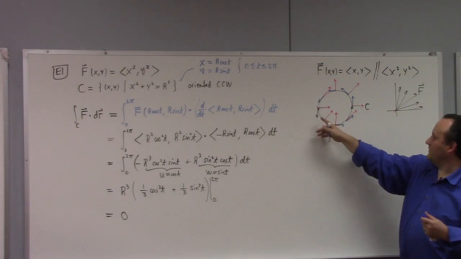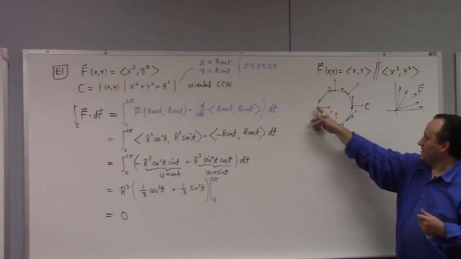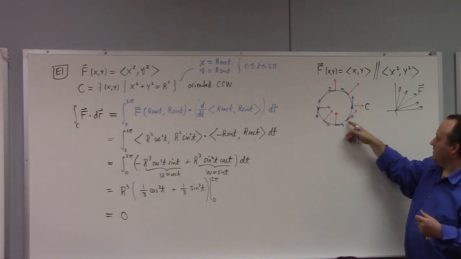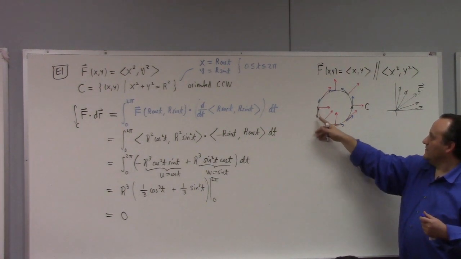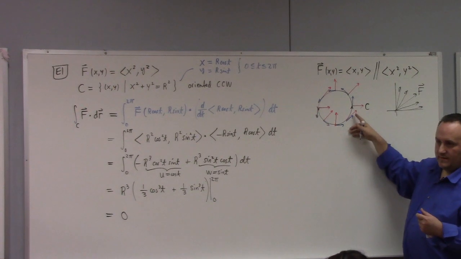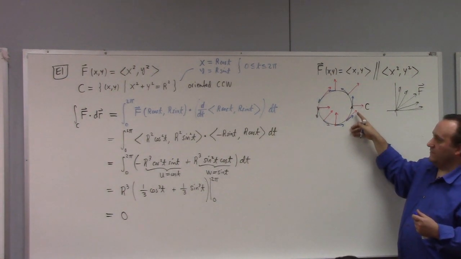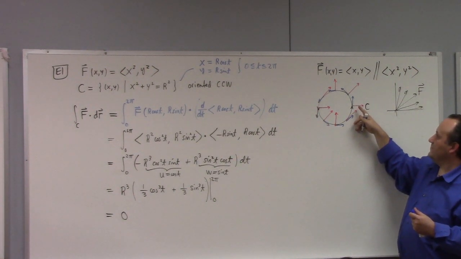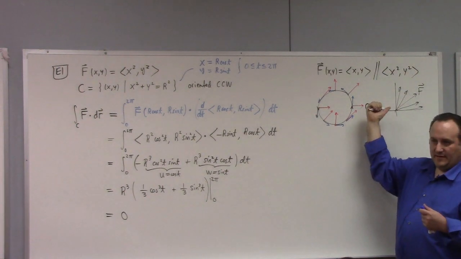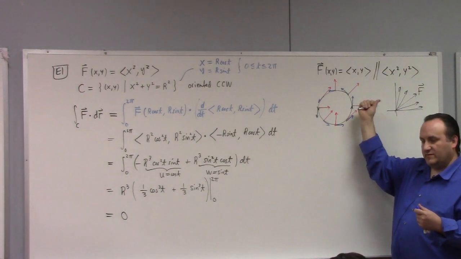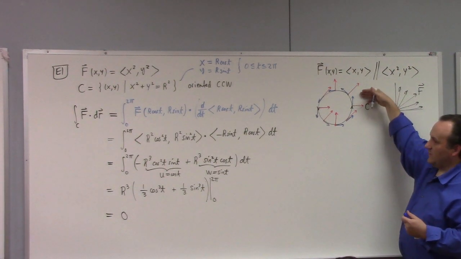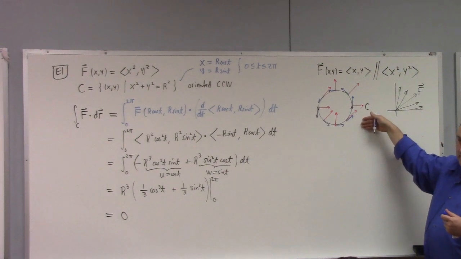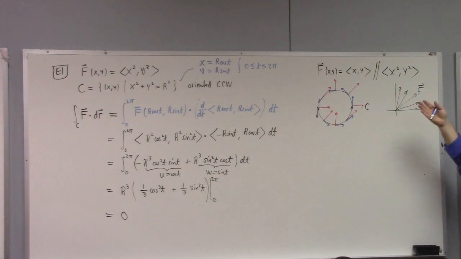It seems like on the lower half of the circle, the vector field is at least partly pointing in the direction of the tangent, right? But on the upper half of the circle, there's a part of the vector field which is in the opposite direction to the tangent. So I think what we're going to see is negative work from the upper half circle and positive work from the lower half circle, but by the symmetry, they cancel out and they're 0.